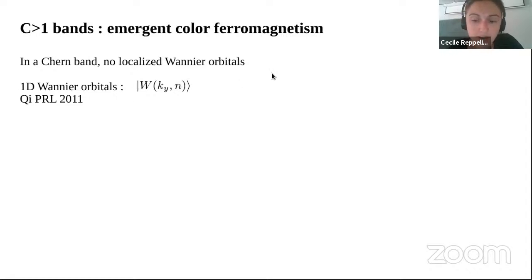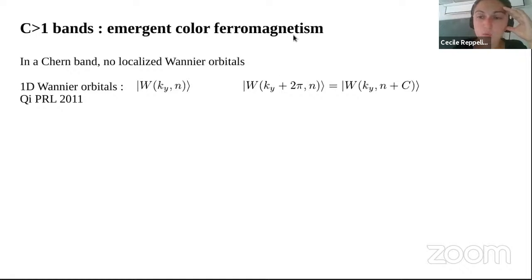This is actually very reminiscent of Landau orbitals when you're in the lowest Landau level and looking at the wave functions in the Landau gauge. You're going to have these plane waves in one direction, and you have exponentially localized wave functions in the other direction.